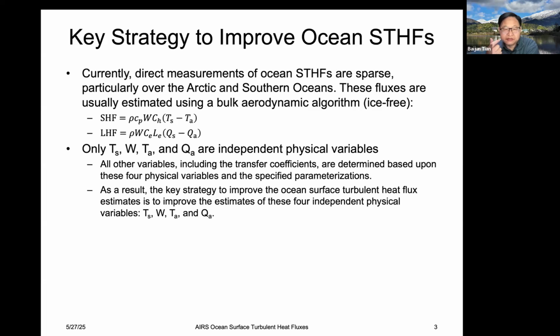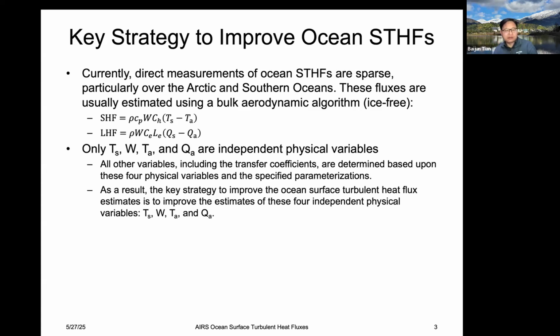The SST, the near-surface air temperature, and wind speed determine the magnitude of the sensible heat flux, while the latent heat flux is measured by the sea surface and air specific humidity difference, Qs minus Qa, and also wind speed. Those are the bulk formulas.